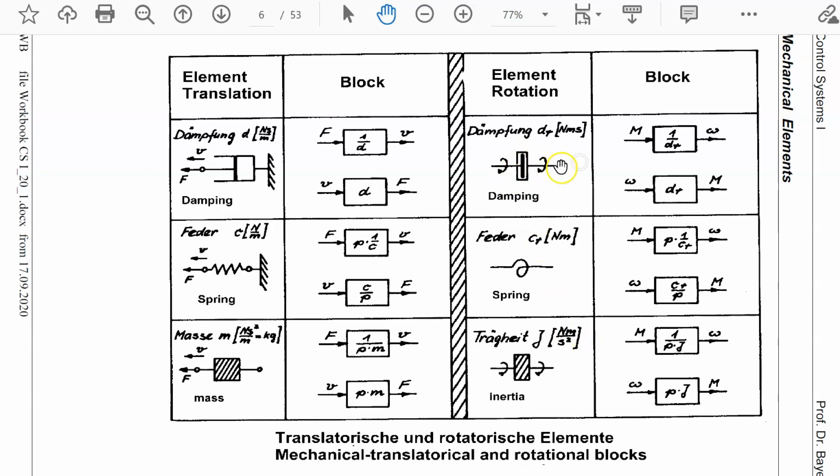Rotational elements also have damping elements, spring elements, and mass elements. Then the mass is called inertia. The rotation mass is inertia. And then the same rules can be applied. So independent of what mechanical elements you have here, if the physical laws are applied, these can be converted into signal block diagram elements. So any area with physical laws is able to express dynamical behavior with signal block diagram elements.